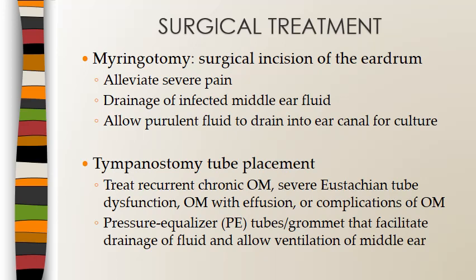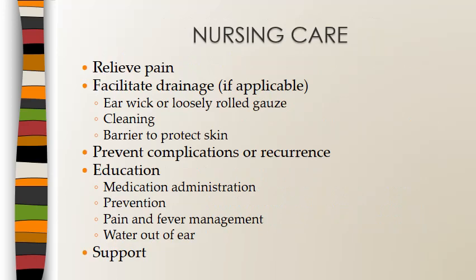What these tubes do is they are pressure equalizer tubes that facilitate drainage of the fluid within the ear and allow for ventilation of the middle ear. These tubes can fall out, so sometimes you can see that they fall out onto the bed, onto the pillow of the child.